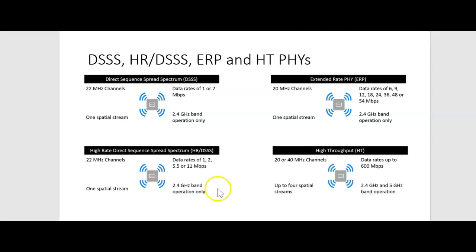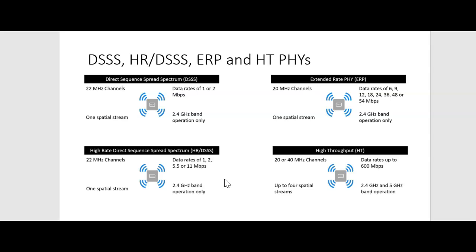So on the high rate, look down here, we're doing the high rate DSSS. Now, it was released in the 802.11b amendment in 1999. It was introduced to introduce more advanced modulation techniques to allow data rates of 5.5 and 11 megabits, while still supporting the DSSS.